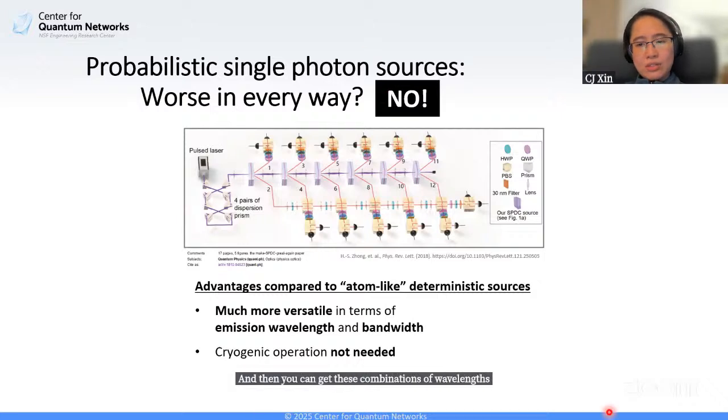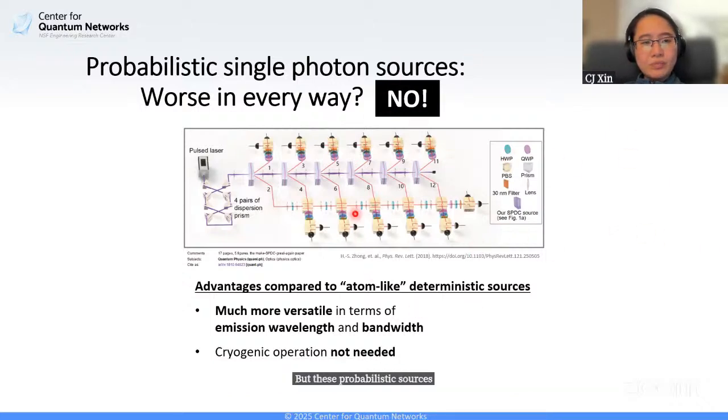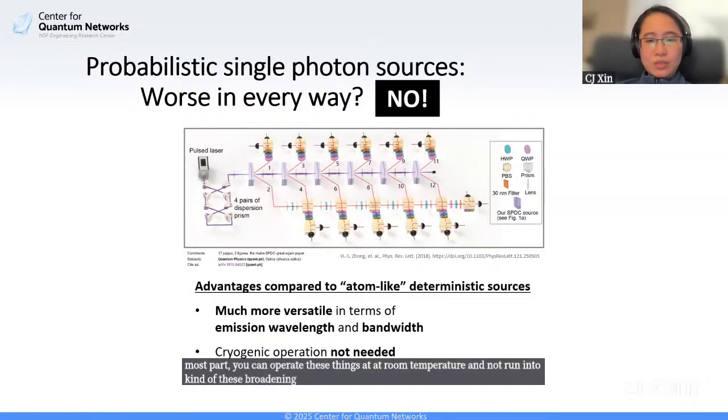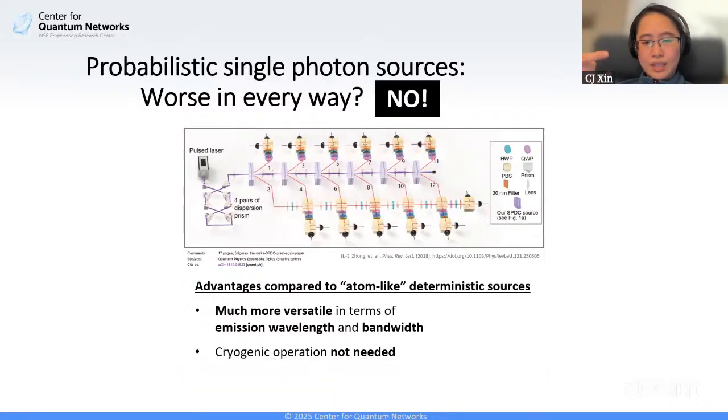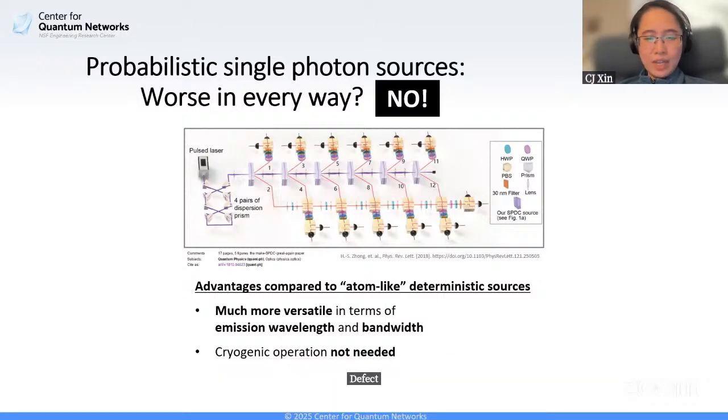This is not something you can do with atom-like deterministic sources. In those sources, your energy levels essentially set what emission wavelength you have. You have very, very little flexibility. But these probabilistic sources don't have these issues. And for the most part, you can operate these things at room temperature and not run into the broadening issues that you start facing with sources based on atom-like defects or artificial atoms.